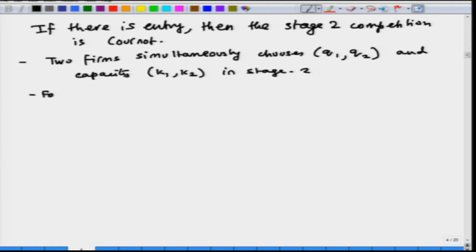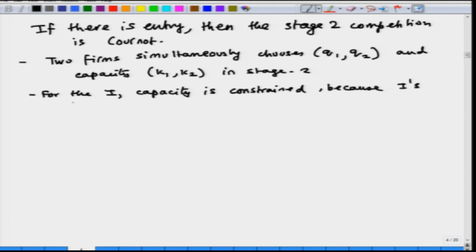For the incumbent, the capacity is constrained, because in stage 2 the capacity cannot be less than K1 bar. We have mentioned that the incumbent can increase capacity, but it cannot reduce it.